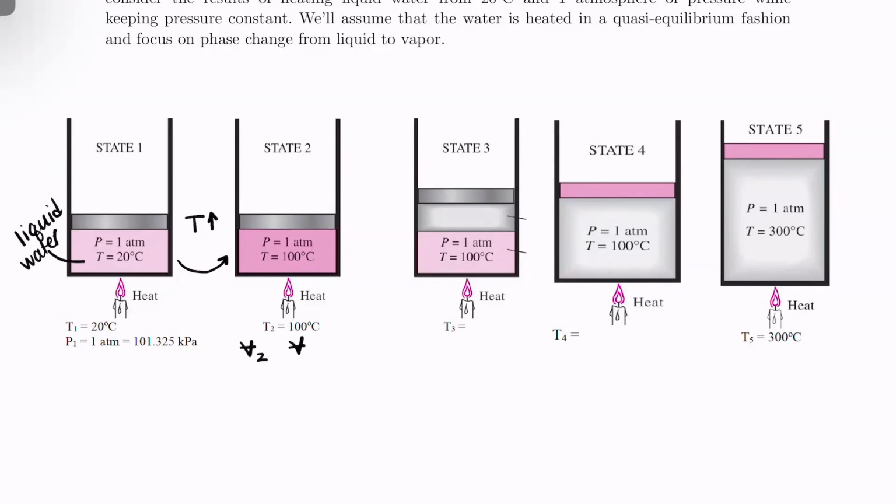Has the volume changed? Do you think? Yeah, so this is the boiling point of water. So we're right at the cusp of boiling here. So this volume is going to be very slightly larger than the volume when it was at 20 degrees C.